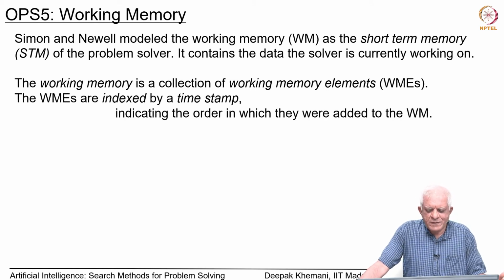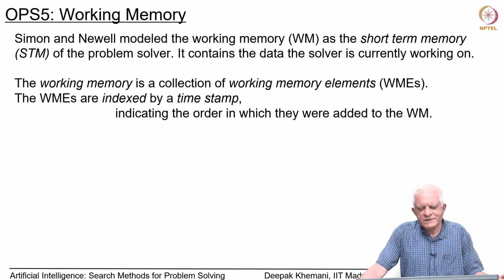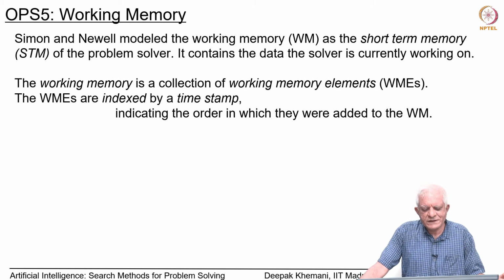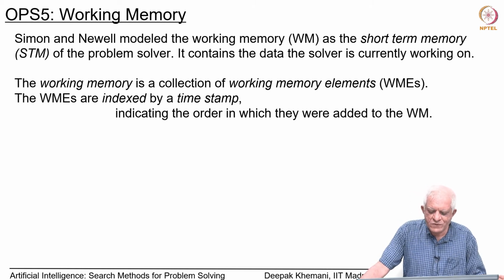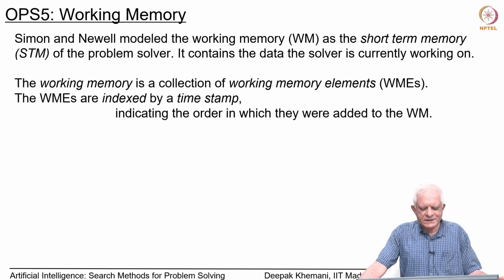It is a collection of working memory elements and each element is indexed by a timestamp essentially. We will see that this is going to be important especially for conflict resolution. When we have to decide as to which rule to apply, timestamp will play a role in that.